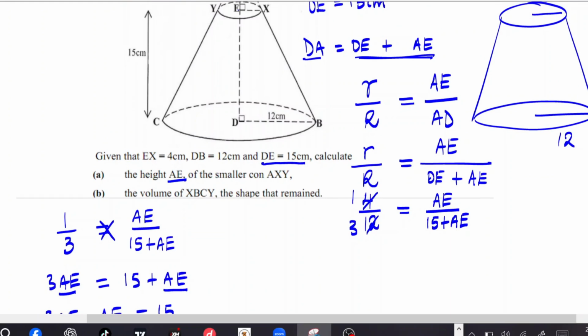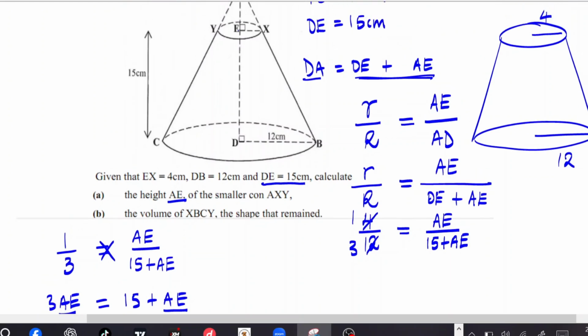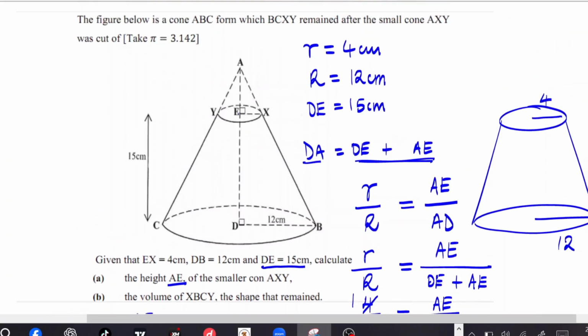So this one here is how we answer it. Let me just clean the part here and show you the formula.